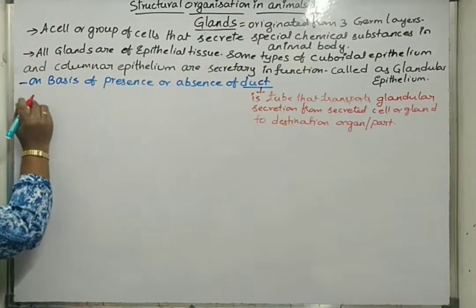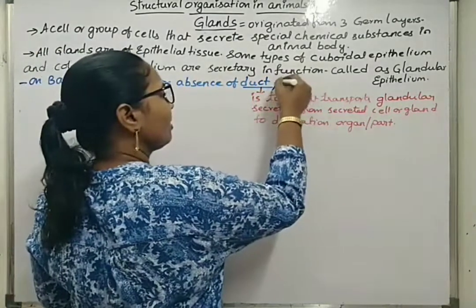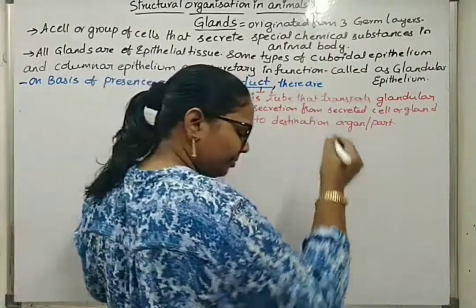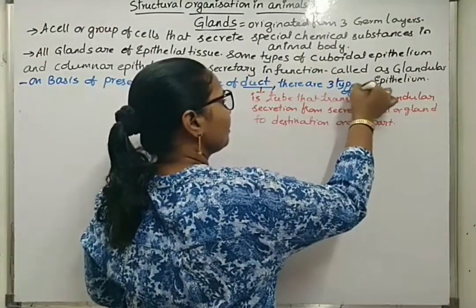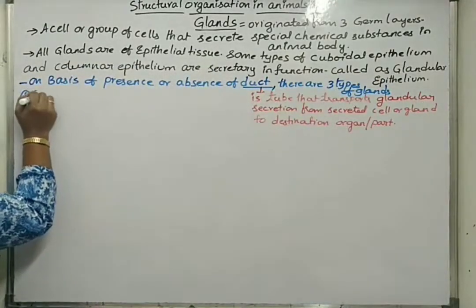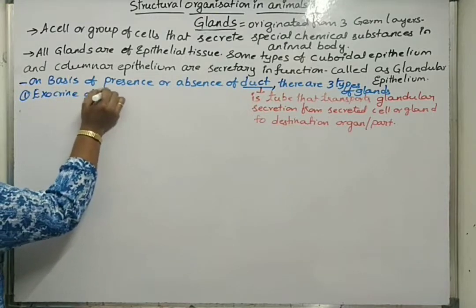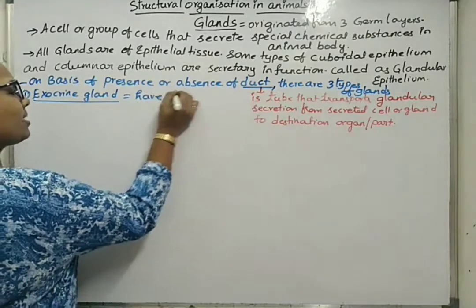So here, on the basis of presence or absence of duct, there are three types of glands. First one, exocrine gland. Exocrine glands have ducts.